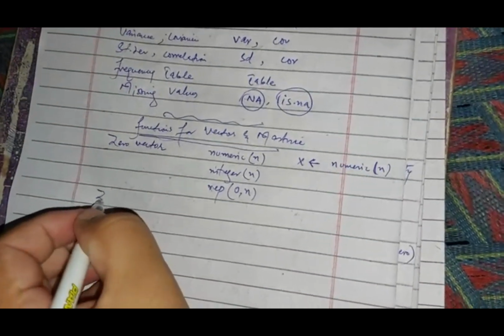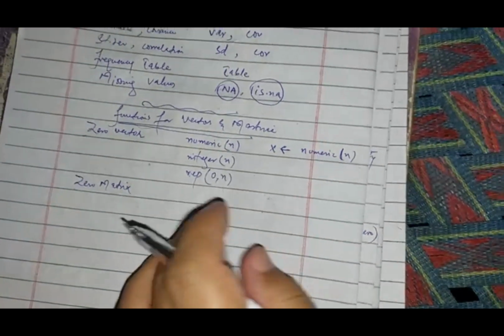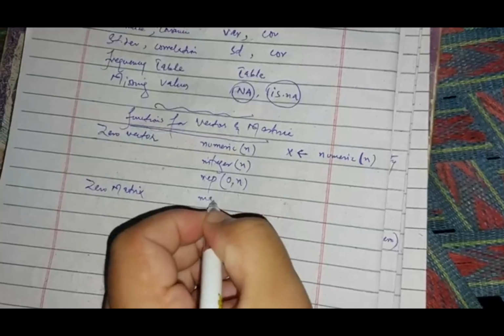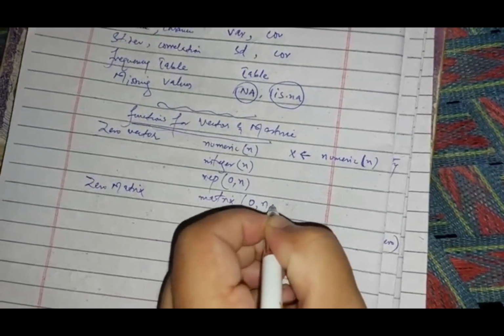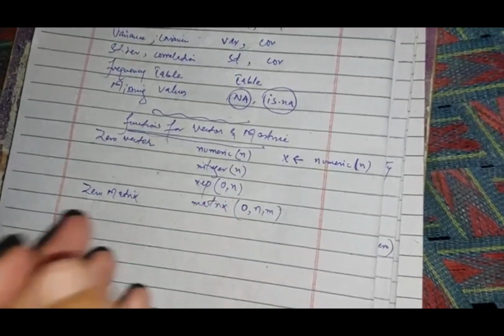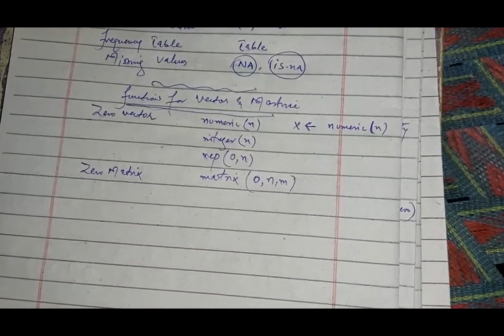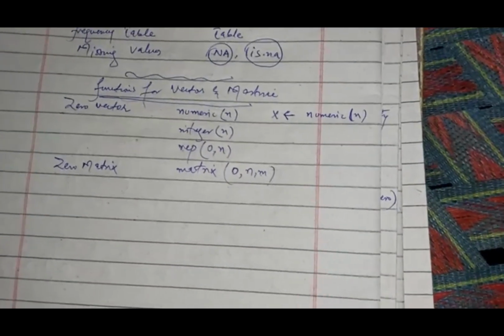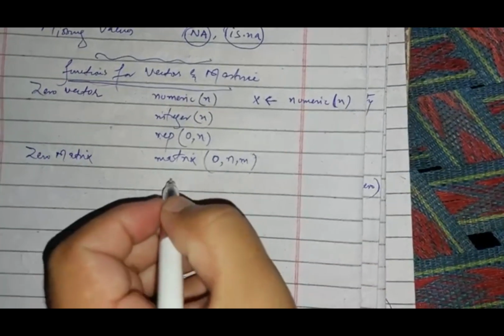Now to define a zero matrix, we have matrix(0, n, m). n and m is the order of it, and 0 means that every single number over here is 0. For example, you want to define matrix x.